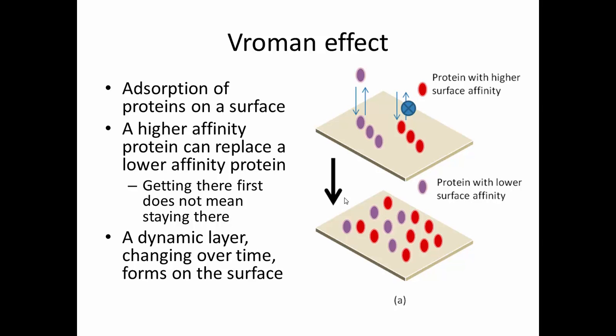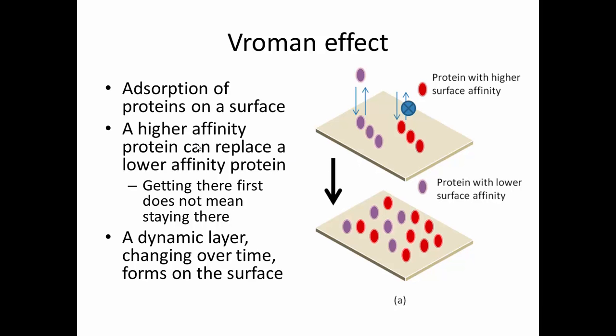And then we can get into, well, what has more affinity to the surface? And is that going to dominate? And it will eventually because of the Vroman effect. So we have adsorption of proteins on a surface, different charges, and we have a charged surface. So if we have a highly negative surface and a very positively charged protein, like the red protein, it is going to be more attracted to the surface than, say, the purple protein will.